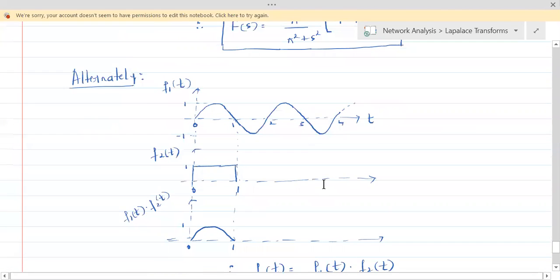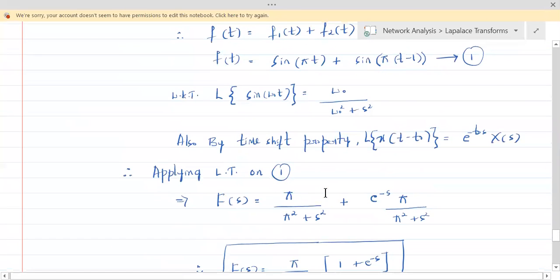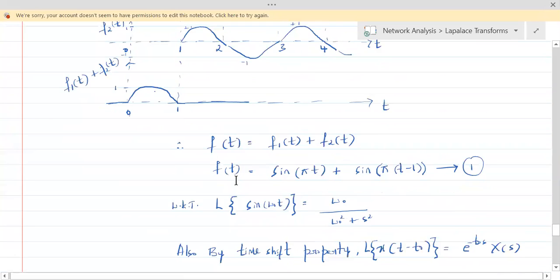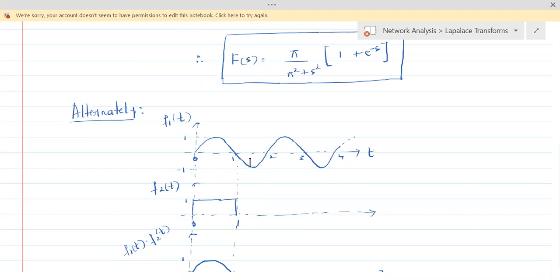Fine. Now this is regarding the finite time signals. Now see, what we'll do is we shall take the periodic signals. The periodic signals are repetitive in nature. So if you are given a signal which is repetitive in nature, how would you deal with it?